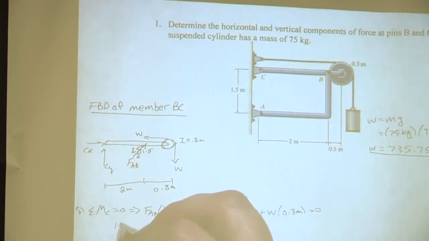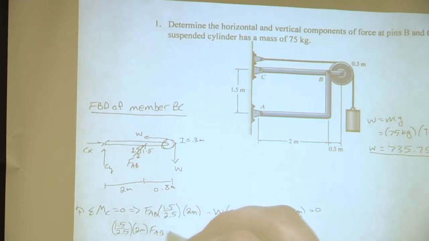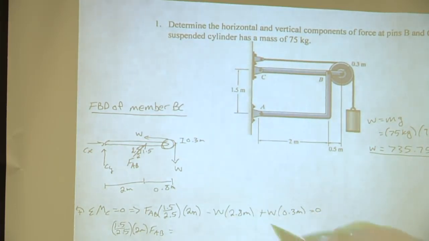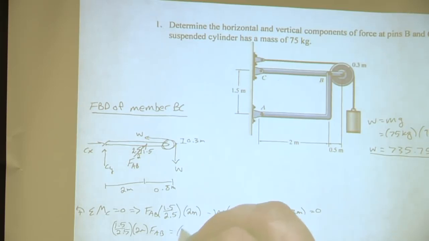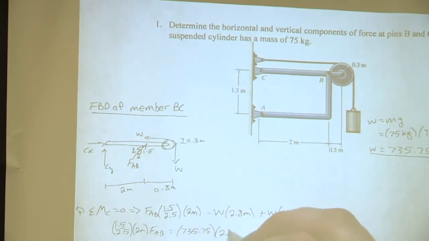Now I'm gonna go ahead and just write this down here. Now, what was W again? 735.75 newtons. Awesome, so 735.75 is 2.8, and then times 0.3. Okay, now if you solve for FAB, what will you get?